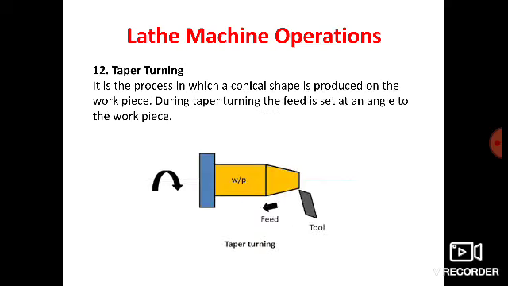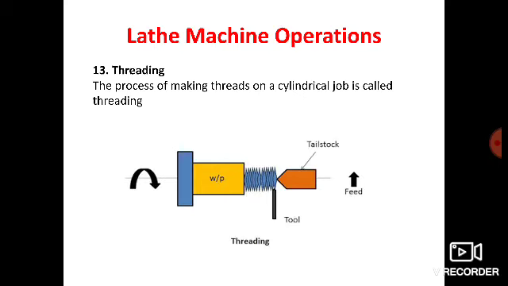Then next, taper turning. So here taper turning, we can reduce the diameter and we can produce a conical shape with the help of taper turning operation. And last one is threading. So we can generate the thread over the cylindrical workpiece with the help of either a threading tool or say single point cutting tool. So these are the operations that we can perform over a lathe machine.